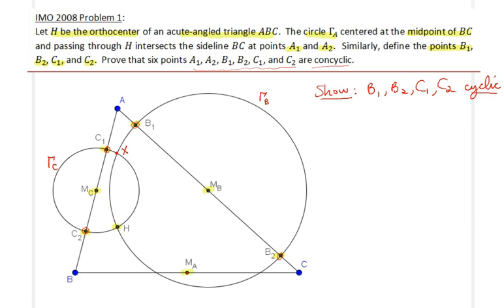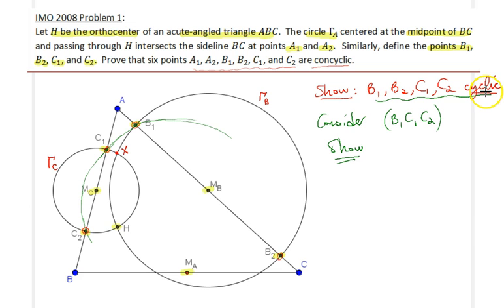For that, I will employ the same methodology I used in the previous question. I will focus on the circumcircle of triangle B1, C1, C2, and I will show that B2 in fact lies on that circle.